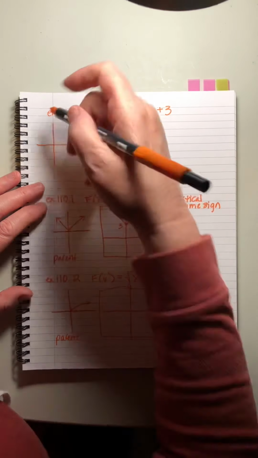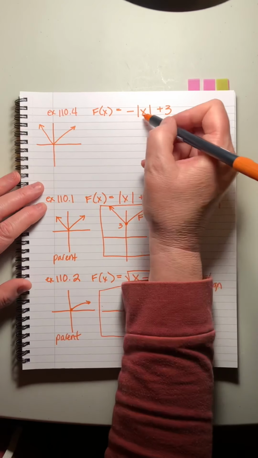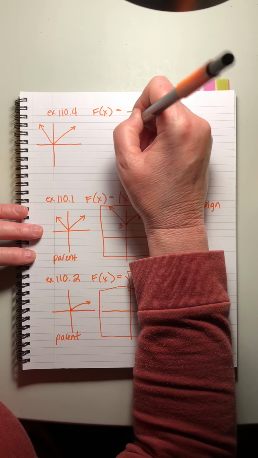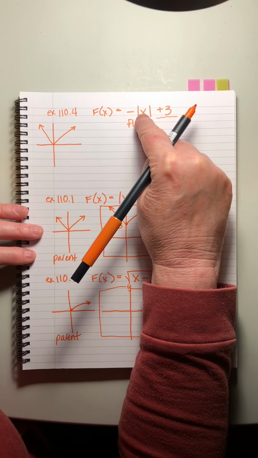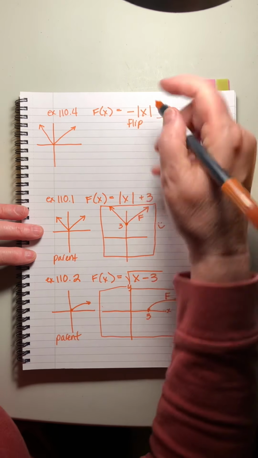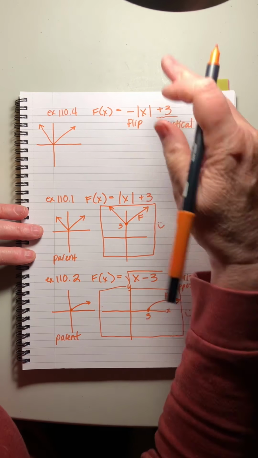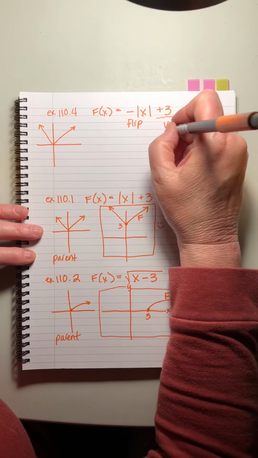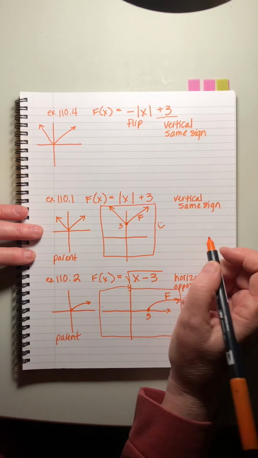It's absolute value, that's flying geese. Okay, this tells us we're going to flip it upside down, and this is not attached to the x, so this we know is a vertical function. It's an up and down, and it'll have the same sign. It's not the backwards weird thing.